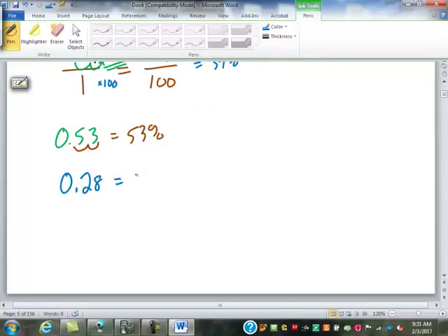0.28 becomes what as a percent? 28%. Good. 0.6, 60%.